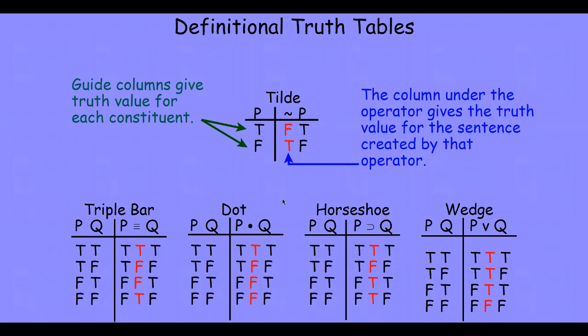Here's our dot. Our rule for that is only true if both statements are true. So it's true when they're both true, it's false otherwise.